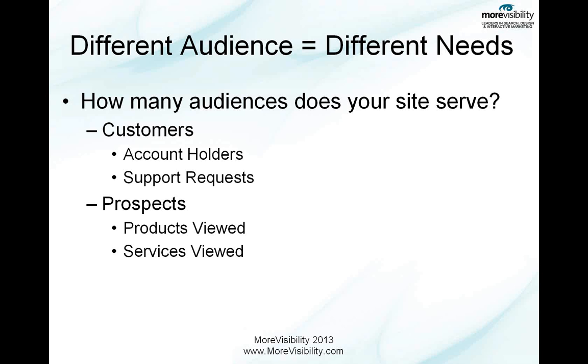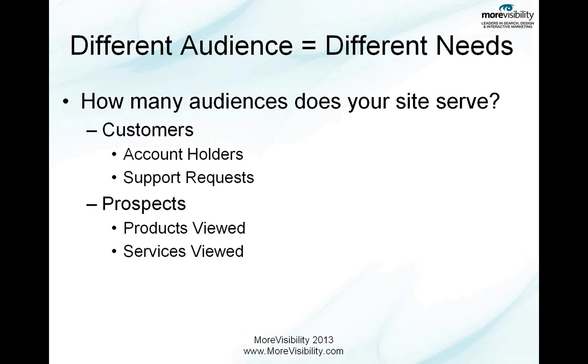And then, of course, we have prospects. We have different ways that you can segment your prospects based on what type of customers they are. Maybe you have products that are suitable for B2B and also B2C. And based on what products they're viewing and where they're pathing in your site, you may want to tag those visitors differently as well. Another great example to consider is for those of you who have organizations or websites that are both B2B and B2C focused.